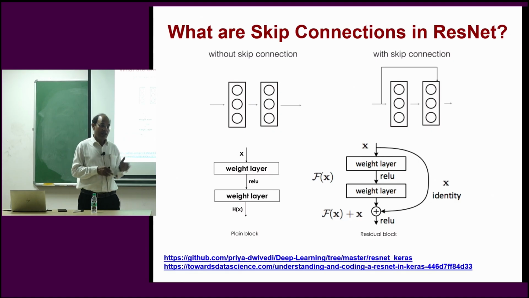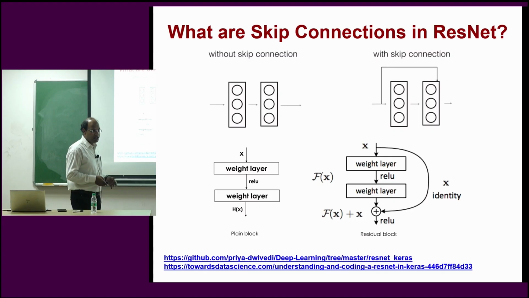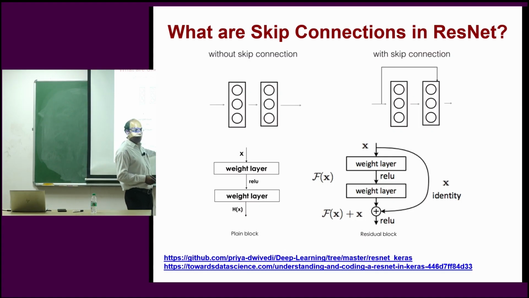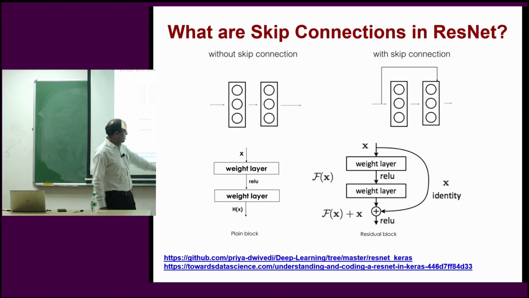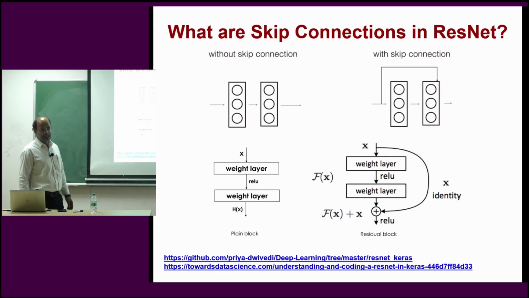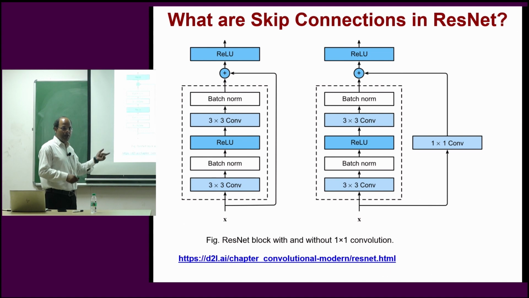Number two, the model is also learning the unity function with the skip connections, right? So these are the key things of the residual. Because of this residual, the model is called a residual network as a whole. This block will be used multiple times when you design ResNet 18 or 34 or 50, right? So this residual block will be used multiple times. We'll come back to it in more detail.